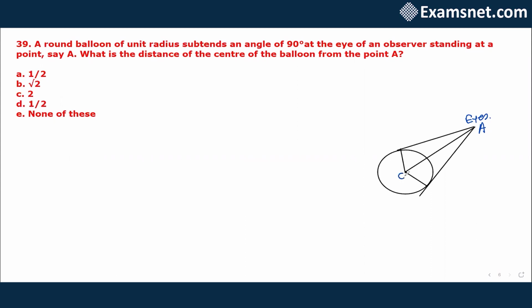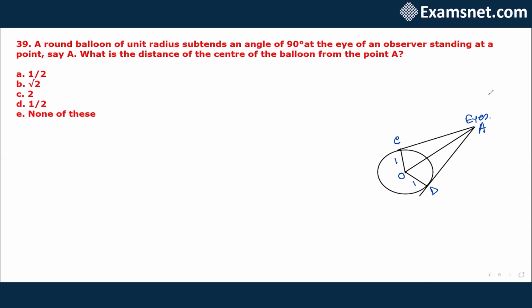That means let us assume O is the center of the balloon and we are required to find the length of OA. So here OC and OD, these two are the radius, both measuring 1 unit. And it is given that the balloon subtends an angle of 90-degree at the eye of an observer.